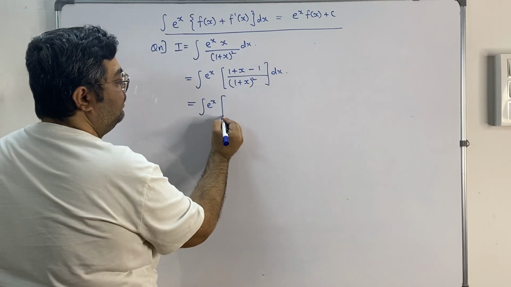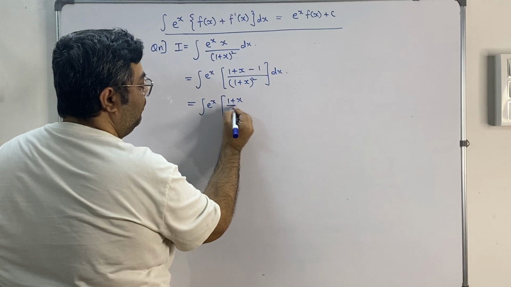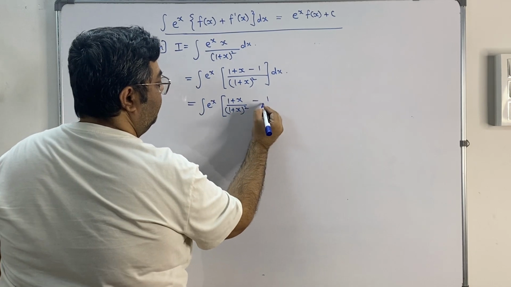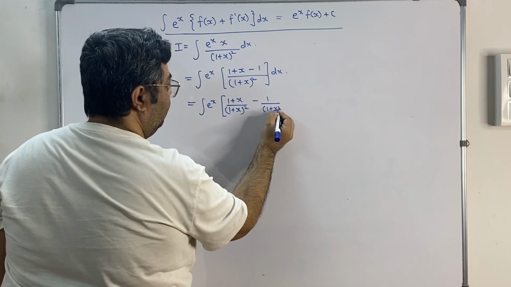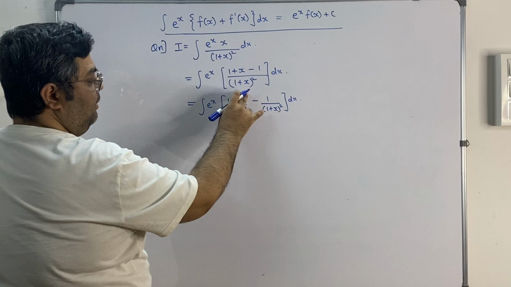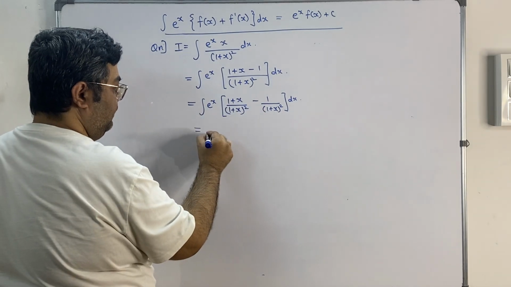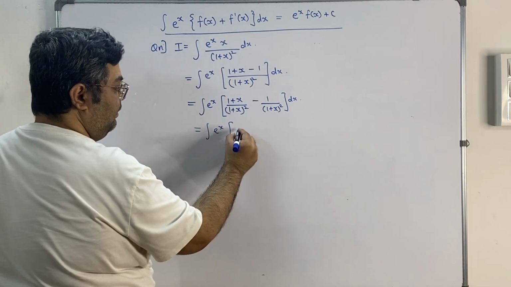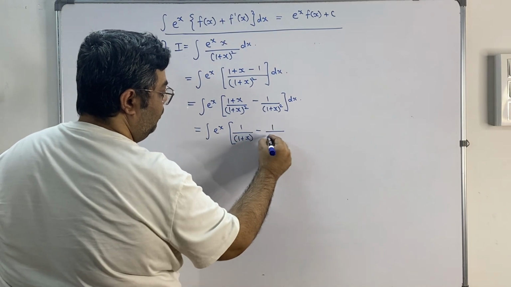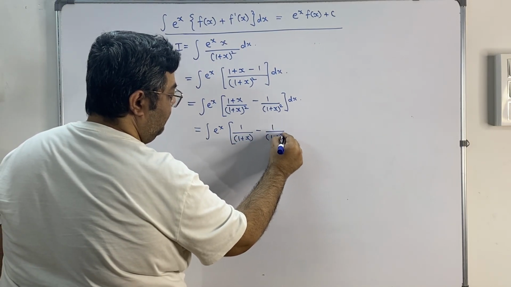So this becomes (1 plus x) over (1 plus x) the whole square, minus 1 over (1 plus x) the whole square. We may strike this off, so we get e raised to x (1 over (1 plus x) minus 1 over (1 plus x) the whole square) dx.